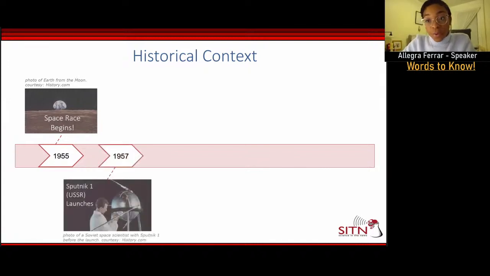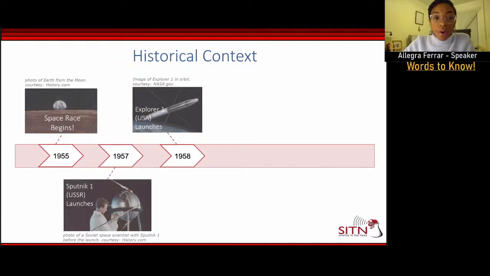But the Soviets were winning. They were winning very well. They started with sending Sputnik 1 up, which was the first satellite to orbit the Earth ever. But we did good. We came in right after them with the Explorer 1 that launched in 1958, which was our American version of the first satellite that also orbited the Earth. But here comes the Soviets again.